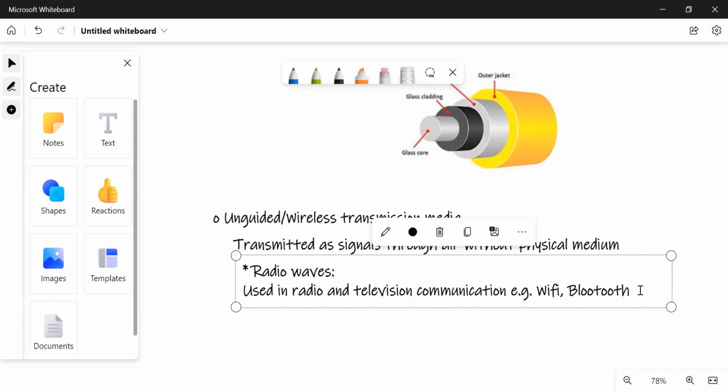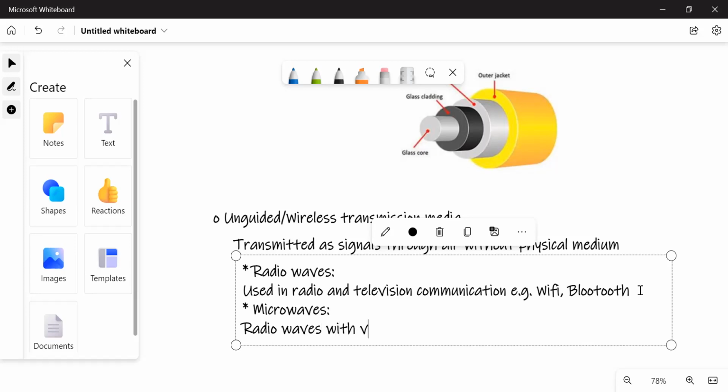So the next one we can talk about is microwaves. Again, microwaves have very short wavelengths. You can say they are the same radio waves, but with very short wavelengths.